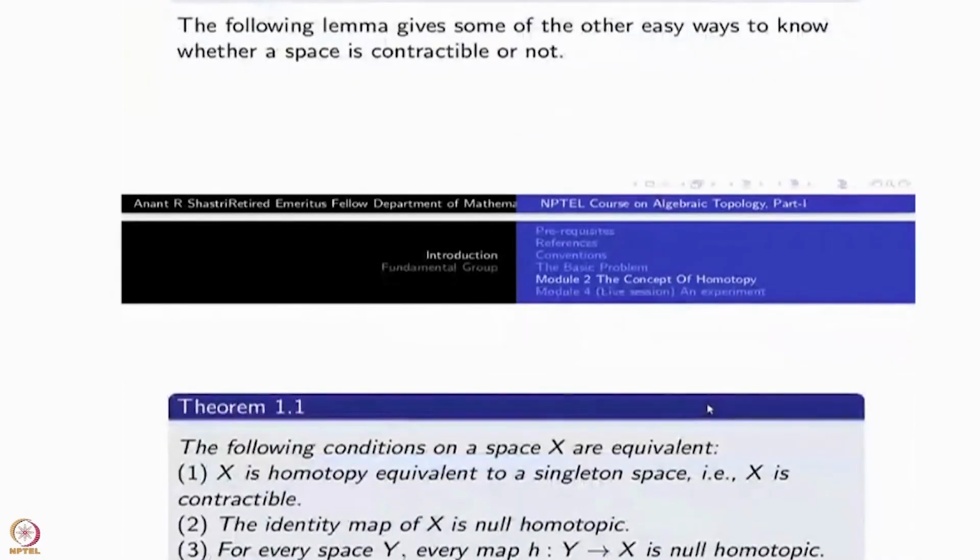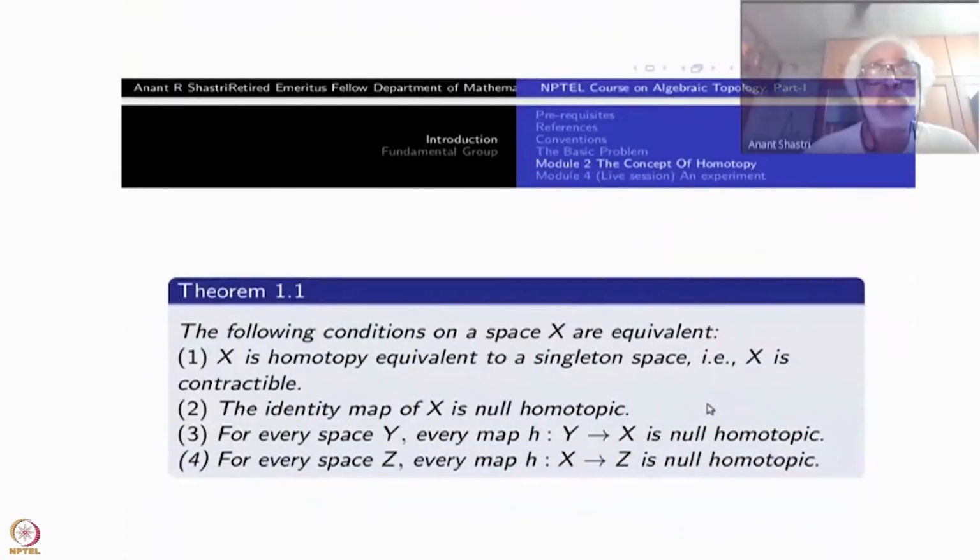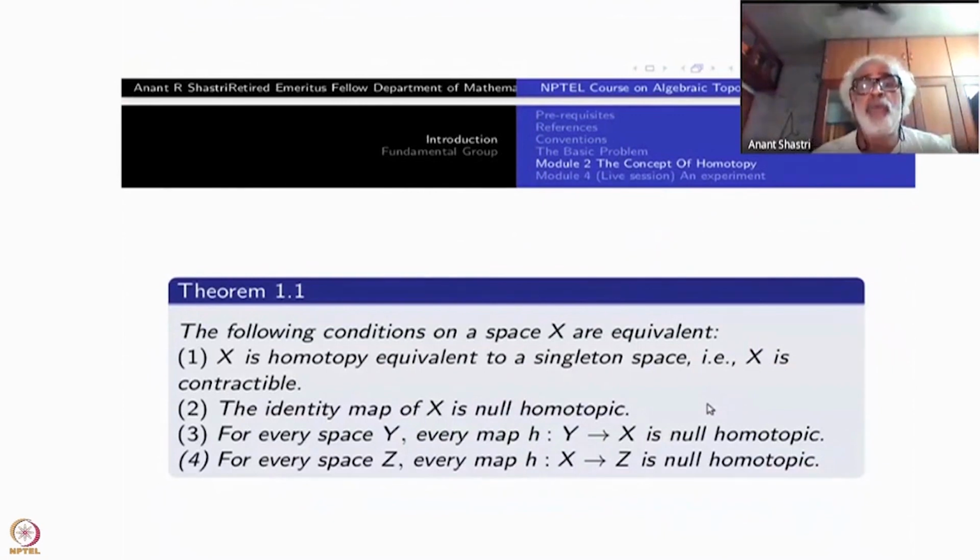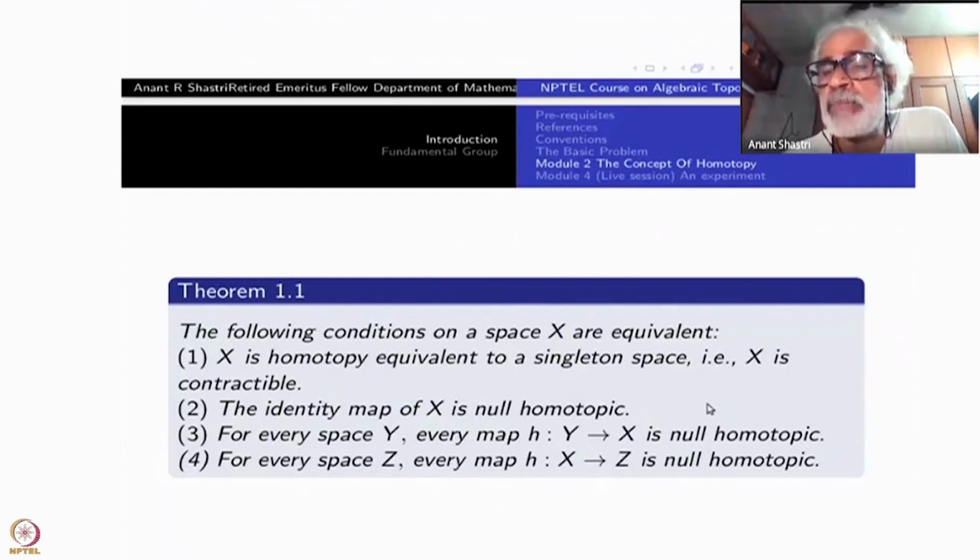This is the theorem. This is the first theorem of the course actually. The following conditions on a space X are all equivalent. The first condition is X is homotopy equivalent to a singleton space, which we have named as X is contractible. That is the first one. The second, the identity map of X to X is null homotopic.